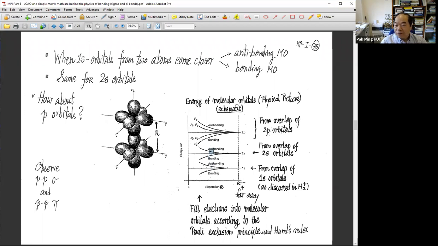However, for simple chemistry consideration, if those 1s are completely filled in atom A and atom B, there's no room for doing bonding of the two atoms. Its own electrons already completely filled that 1s, okay? That's one point.